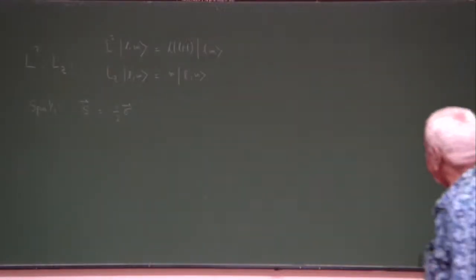So this is what you have here, and I can go to spin 1, spin 3/2, spin 2, spin 5/2, all of them.